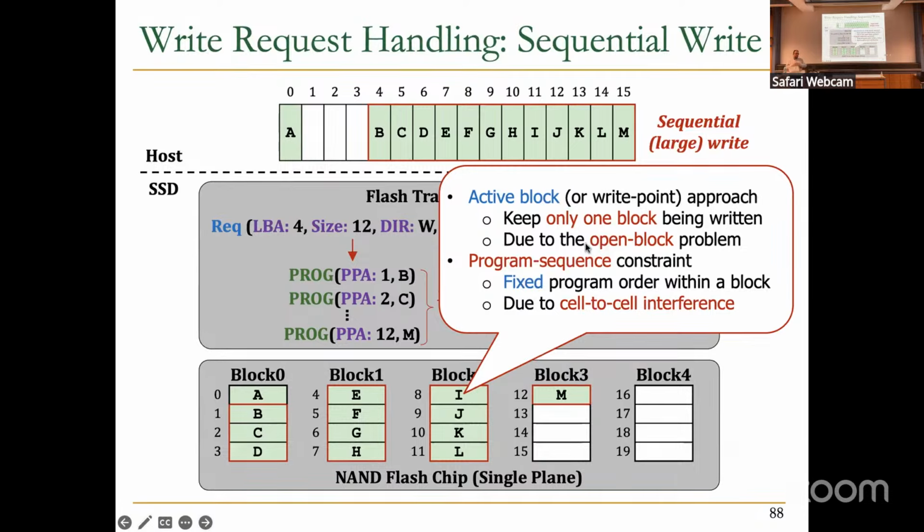You might have several flash chips and flash dies with several blocks open to write, but for one flash plane, you want to have only one block being written at the same time. There is a problem called the open block problem.